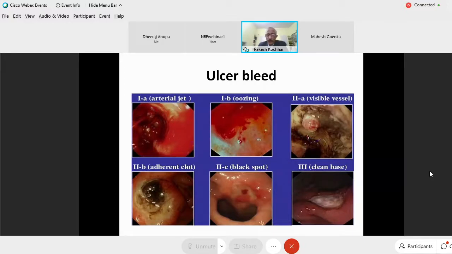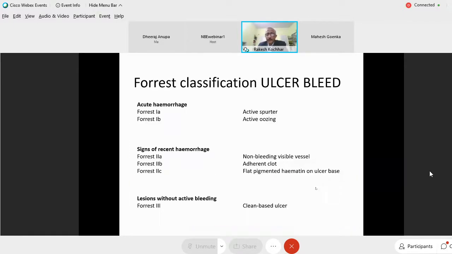If you remove this adherent clot, you may have a visible vessel, or even oozing at times because of dislodgement and disturbing the vascular lesion, or you may get a black spot, or you may get a clean base. So if you remove this adherent clot, you can probably change the classification.